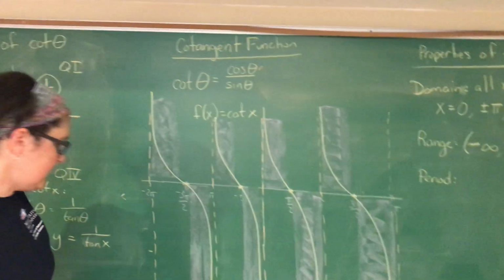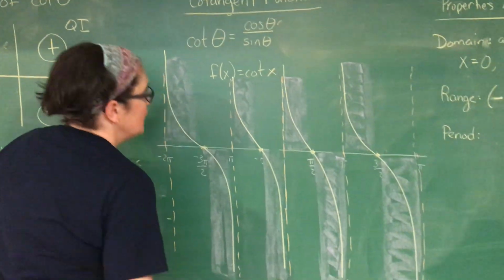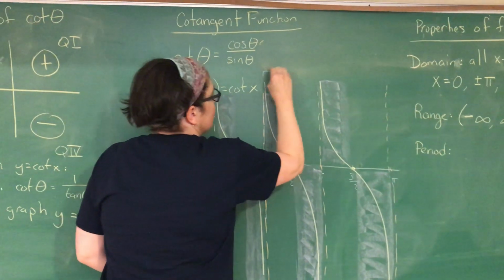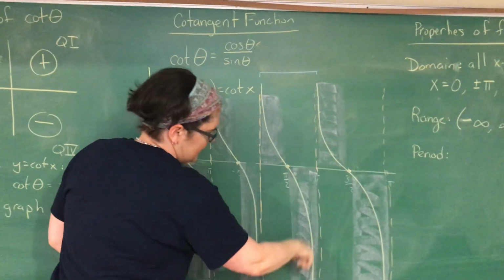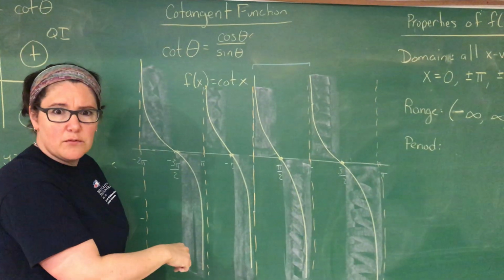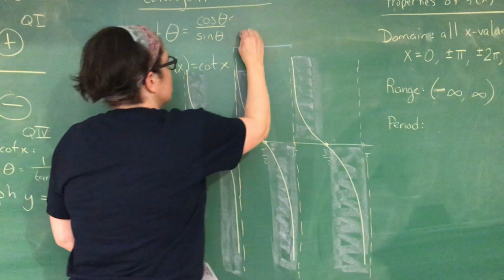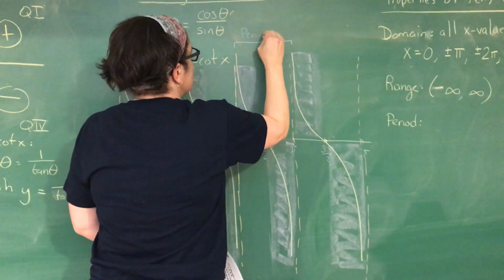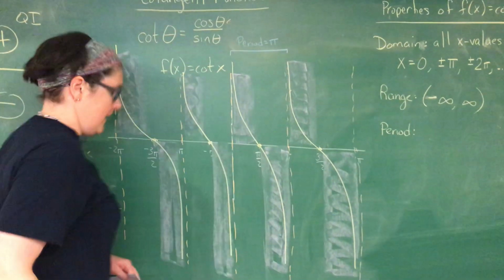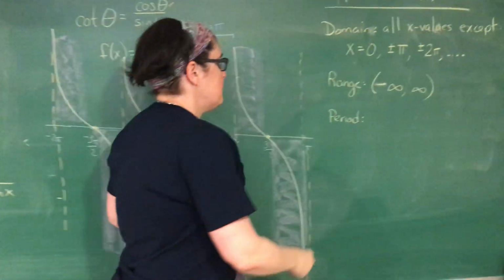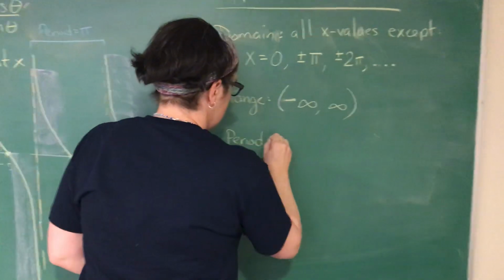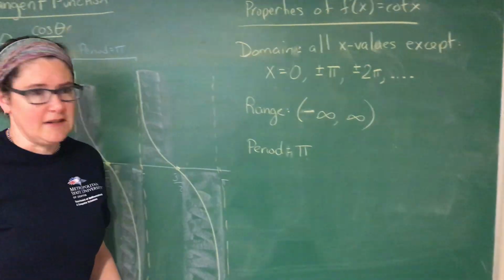The period for this function, well, it takes a distance of pi to get through one of these pieces of spaghetti, through one branch of this cotangent function. So the period for the cotangent function is pi, just like the tangent function.